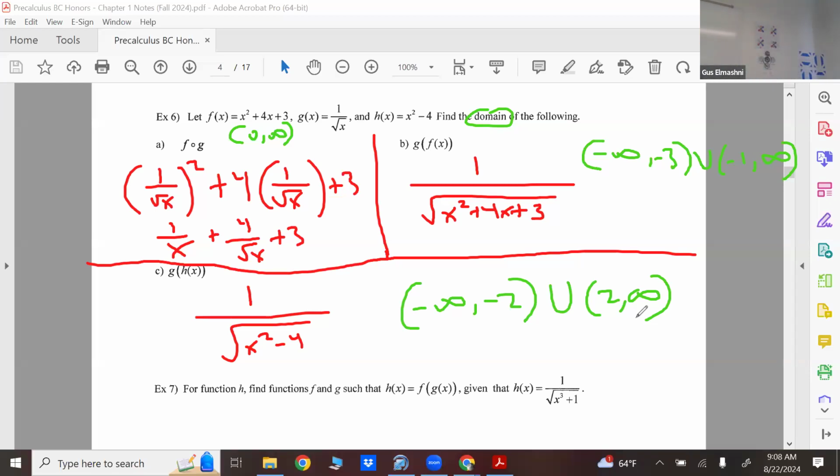Hopefully the combination is fine, that's not a challenge. Well, what's the question?